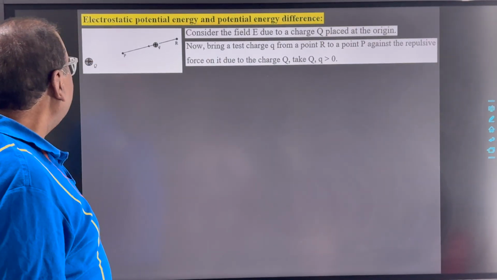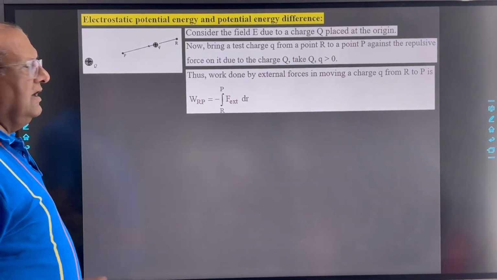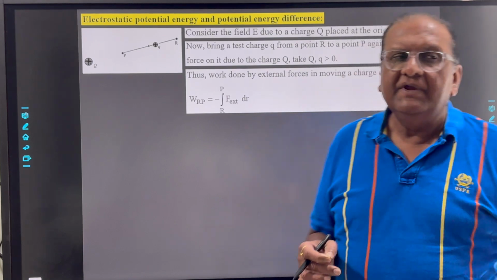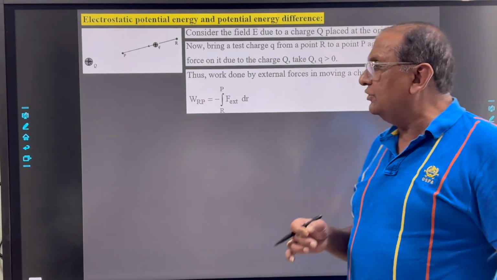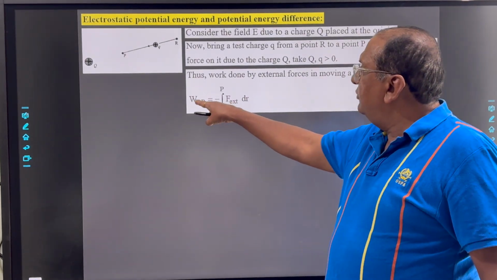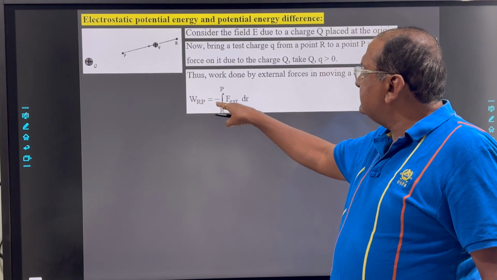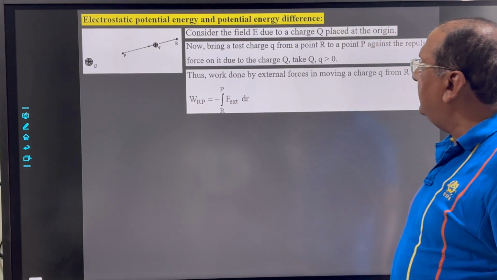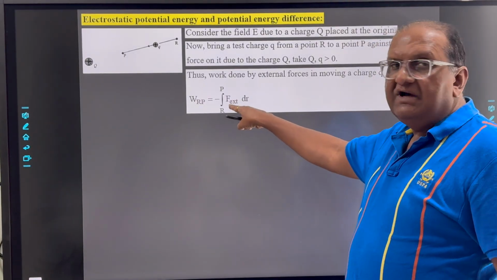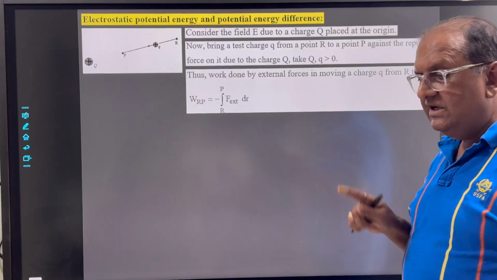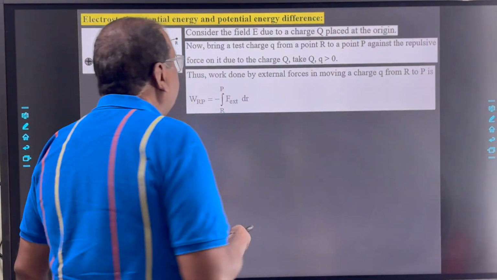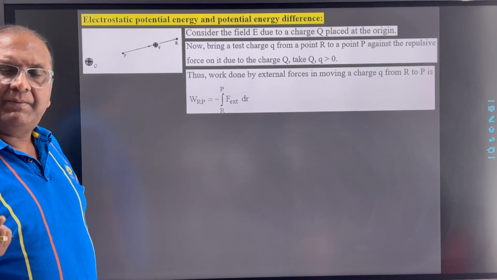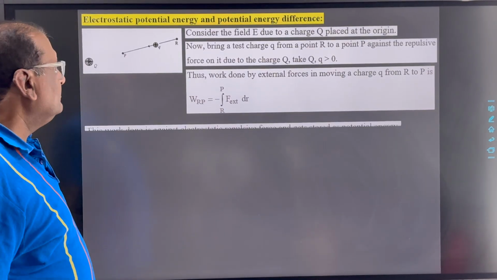Now this work done by the external force against the repulsive electric force, that is W R to P, that is minus integration R to P F external dr. So this is the work done by the external force against the repulsive force of charge capital Q on small q.